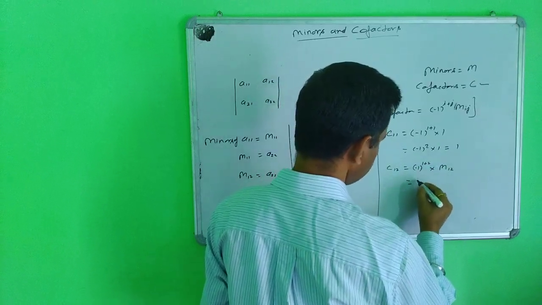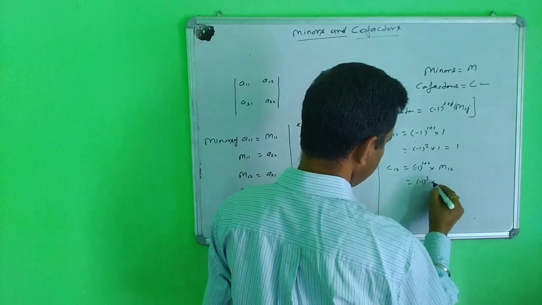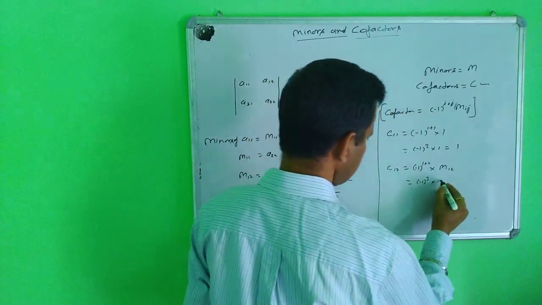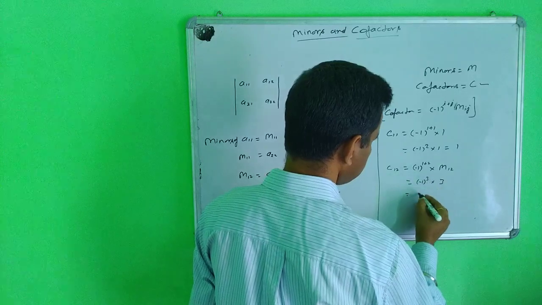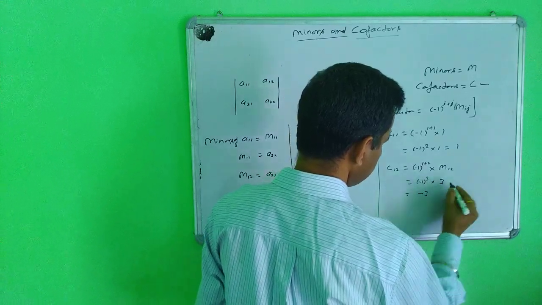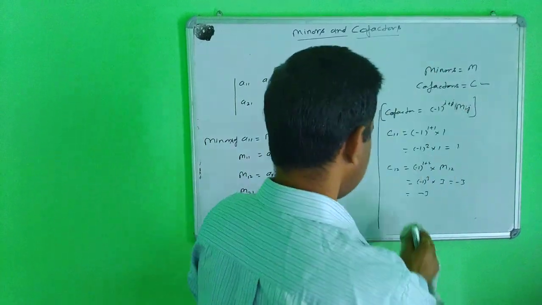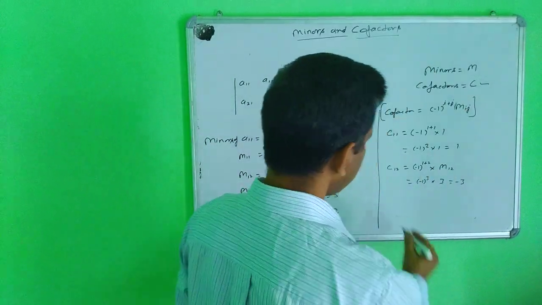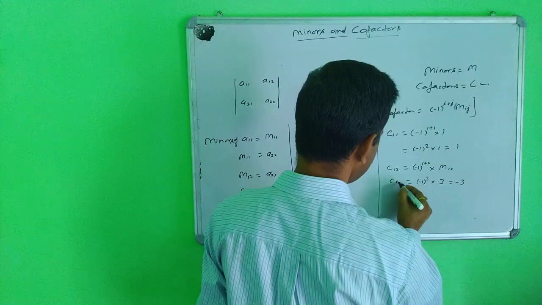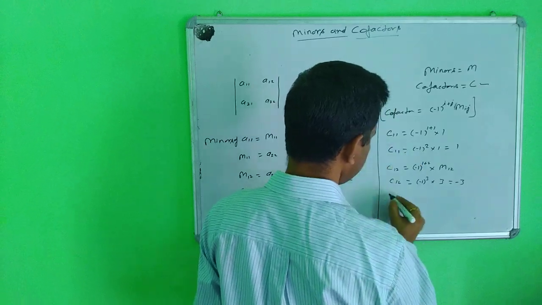Minus 1 to the power 3 is negative, so the value is minus 3. The second answer is minus 3. This is the cofactor of 1 2, and the earlier one is the cofactor of 1 1.